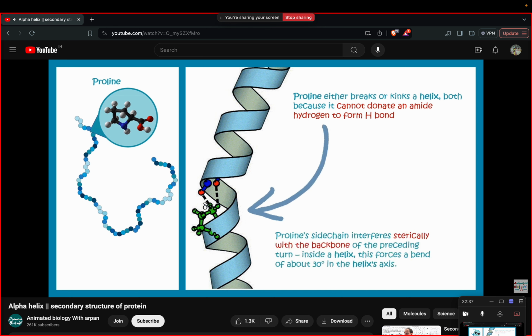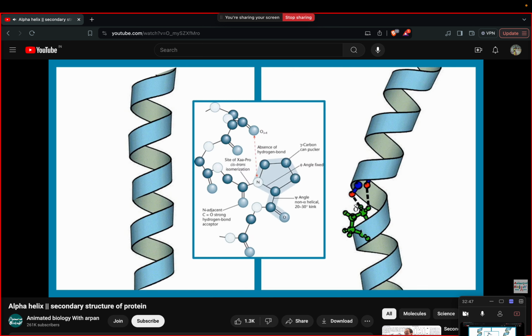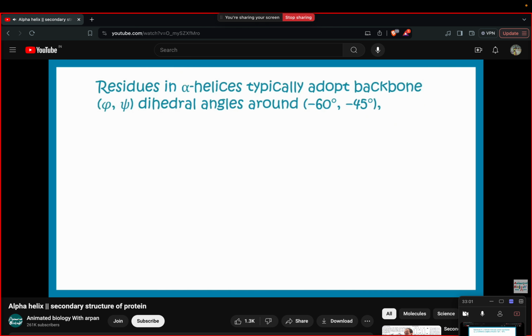And the proline side chain interferes sterically with the backbone. And that is why it leads to a tilt of 30 degrees relative to the helix axis. So obviously we can understand if we have a proline residue in the secondary structure, it would be destabilizing the helix. So that is why proline is known as a helix breaker.